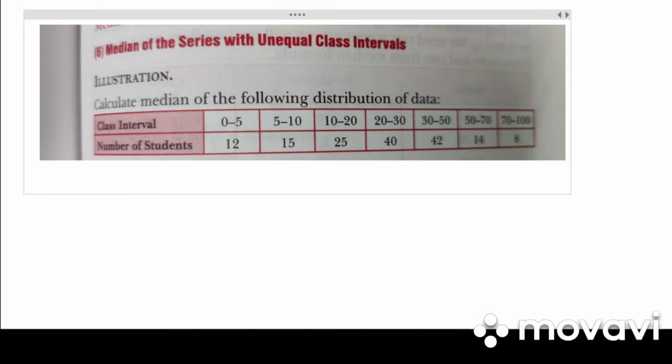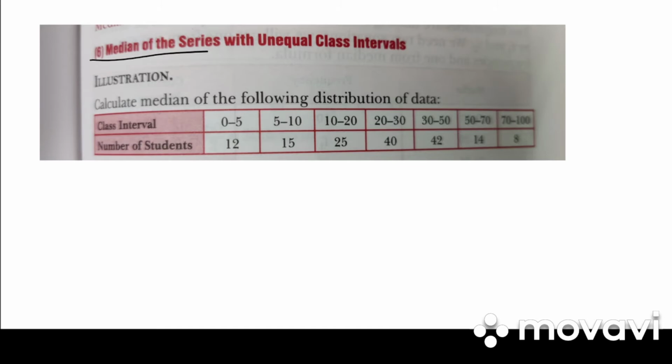Next side heading, write down median of the series with unequal class interval. So when the class intervals are not equal, how do we work out the problem? The problem will remain the same, nothing would change. Whatever is your median class, of that class we need to see the width of the class interval, and the remaining will be as it is.